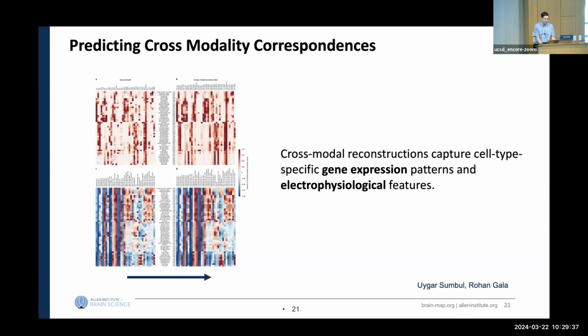And this is just showing an alignment, cross-modal reconstructions of these, and how well, ultimately, the cell types that are predicted from the gene expression data are aligning with those that are predicted if I try to define cell types by electrophysiology.